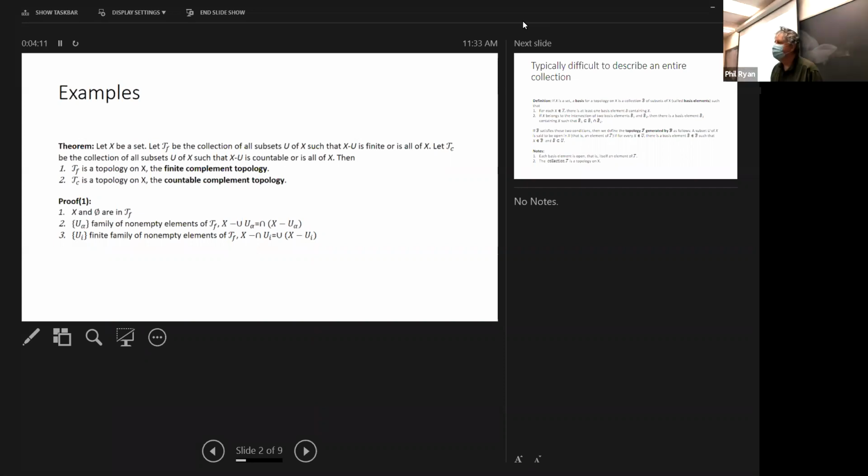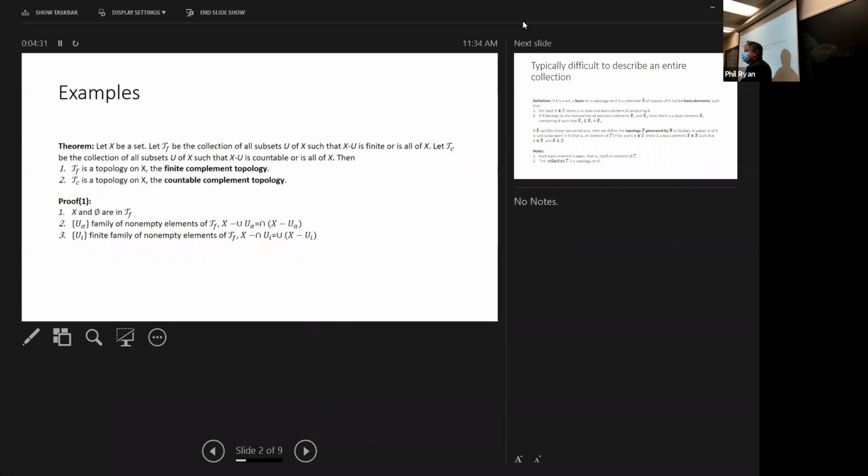Okay. Why is that union finite? This union here is finite because it's a finite collection, and each one of these things is finite. So a finite union of finite sets is finite.